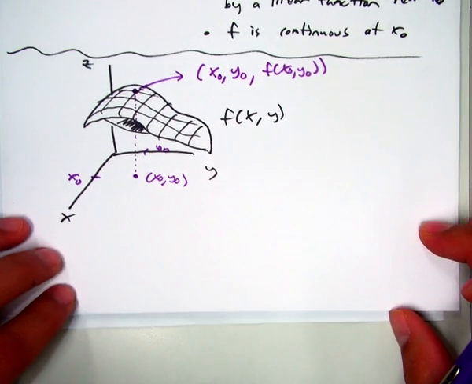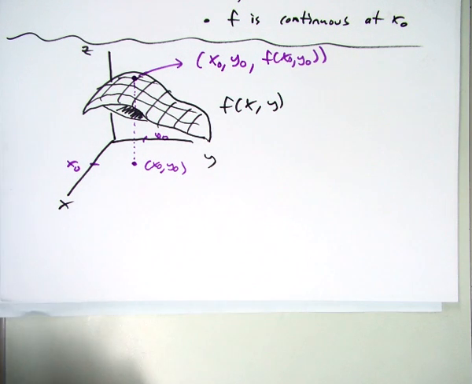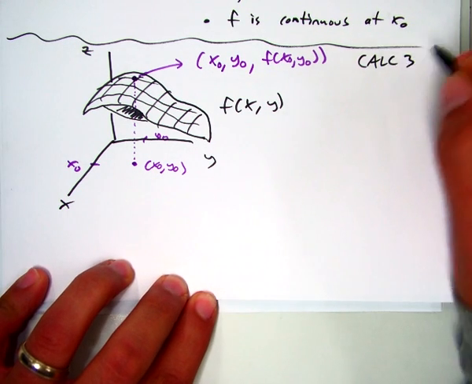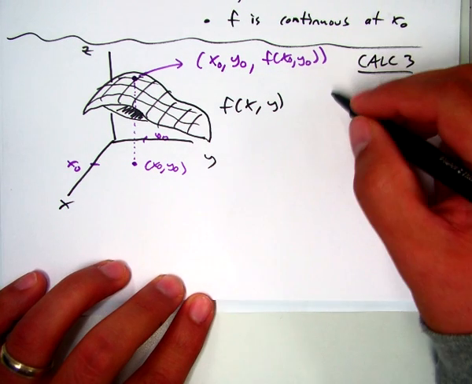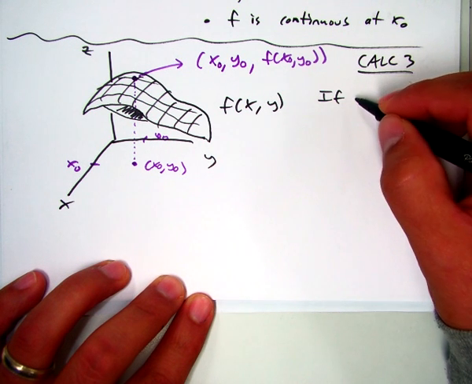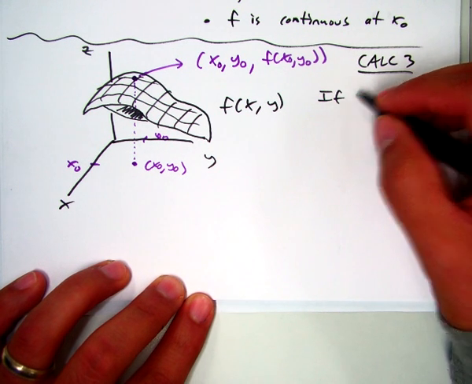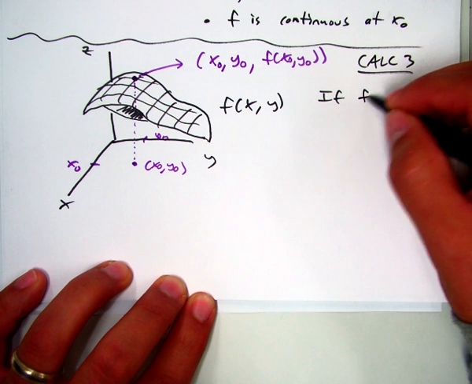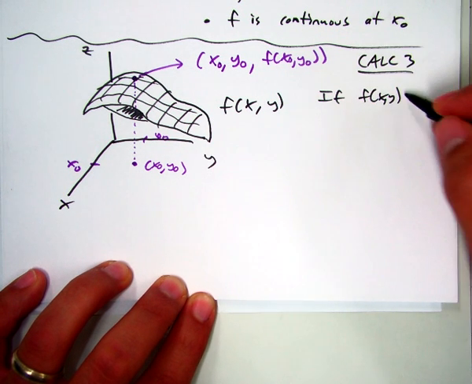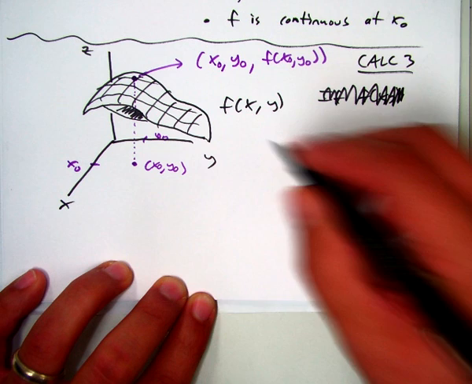So the picture changes a little bit, but the analogs of what we talked about in Calc 1 is pretty much the same in Calc 3. So in Calc 3, we say that f of x, y, actually let me reword that to keep it the same.